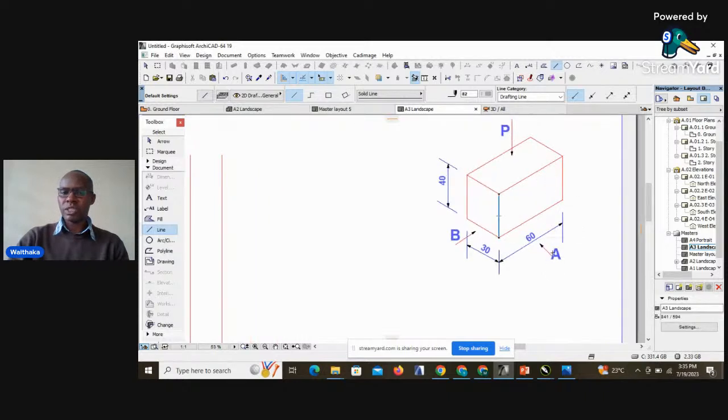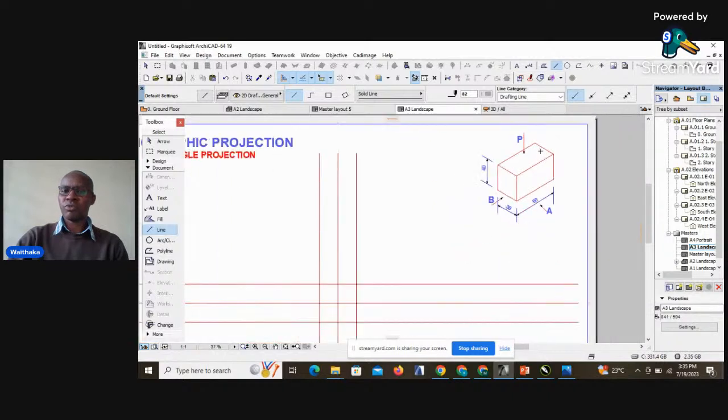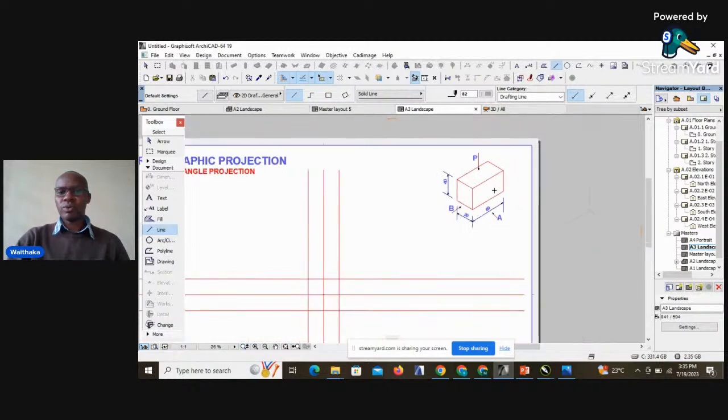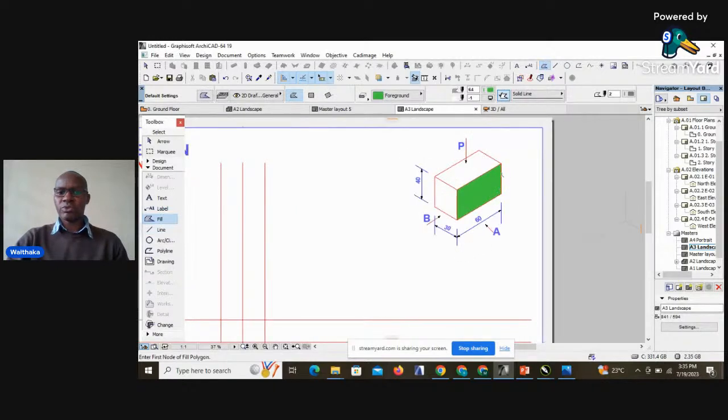So we'll discuss a front view from A, end view from B, and then plan, which is a top view. And therefore, when we talk of the front view, we'll basically be talking of this view. That is the view that we'll be looking at as our front view.